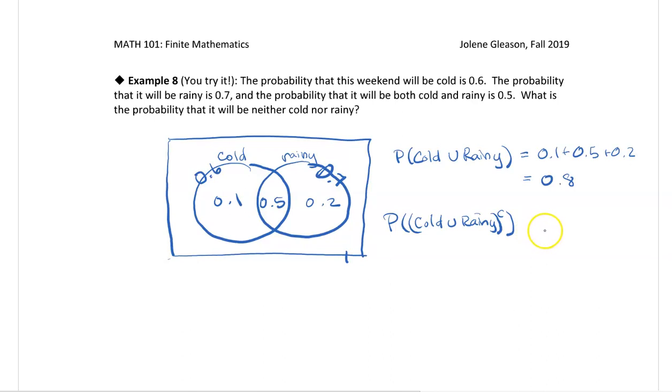So I can just take the 100% chance that something's going to happen, a probability of 1, minus the 0.8, which is the probability of being cold or rainy. So we can subtract the 0.8 from 1 and we get 0.2. So the probability of being neither cold nor rainy is 0.2.